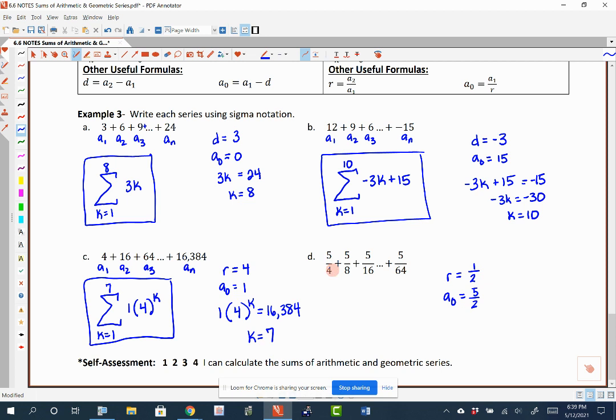So the 5 should stay the same. I'm just taking really half of that denominator. So I've got my intercept, 5 over 2, times my ratio, 1/2 to the k. So there's my explicit. And to help me find k, I need to set that equal to 5 over 64.